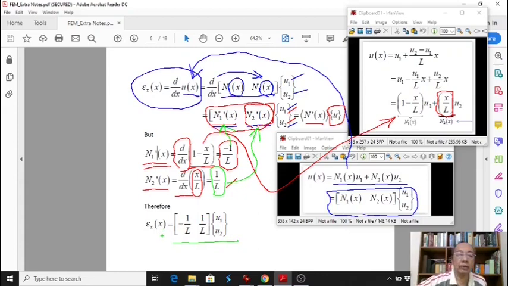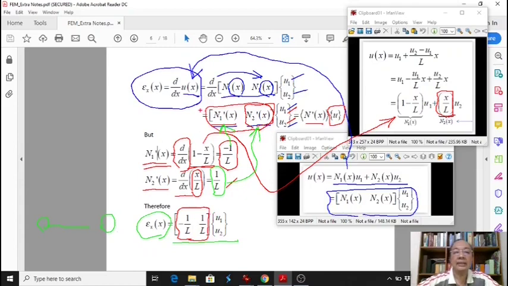So we found that the strain for the two-node bar element is minus 1 per L, 1 per L, times U1, U2. All these functions do not depend on x.